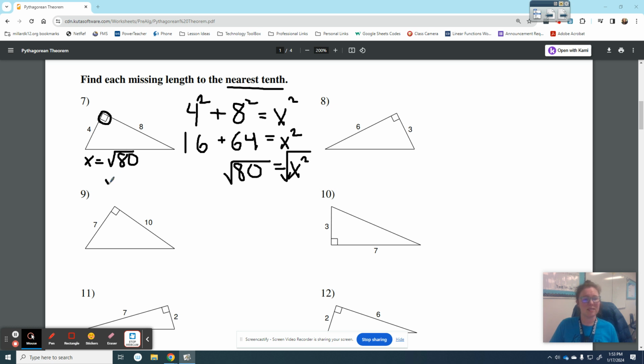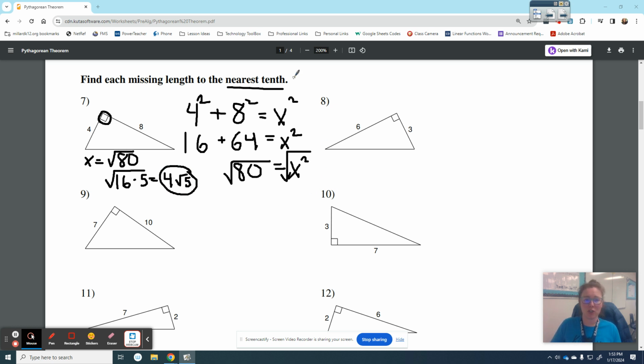So this one would simplify to 16 times 5, which changes to 4 root 5. So this would be our radical form or our exact answer.